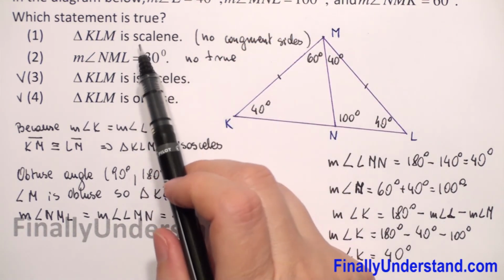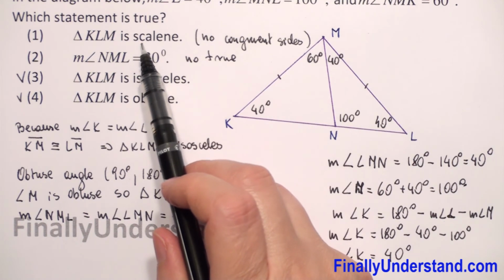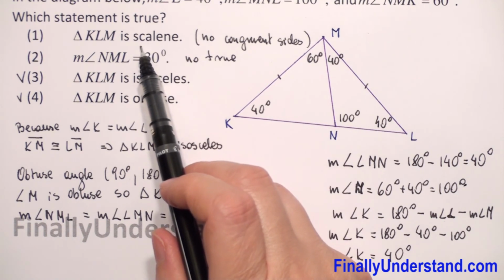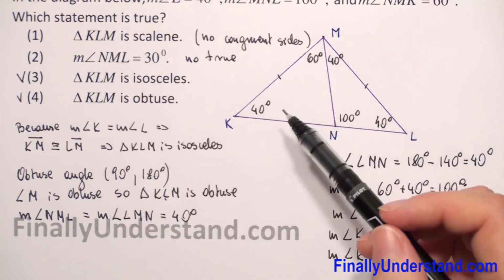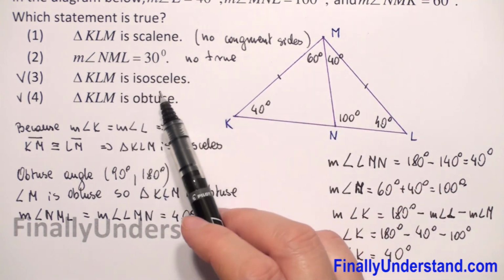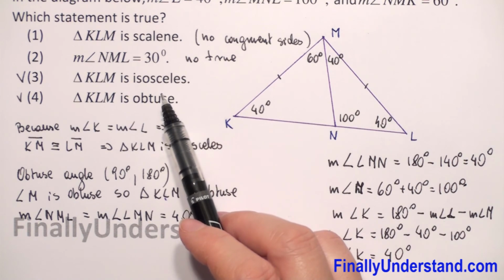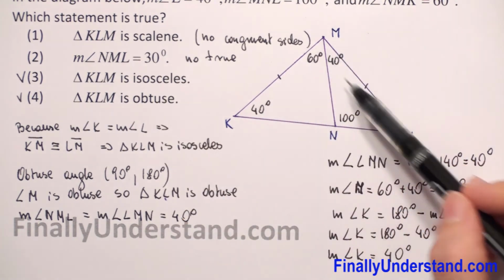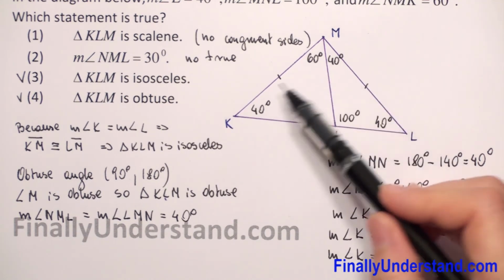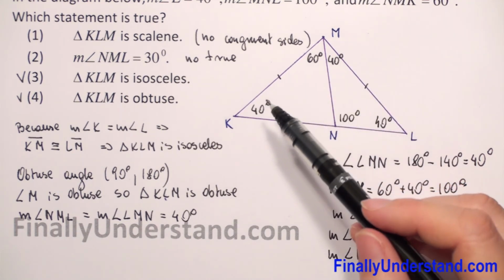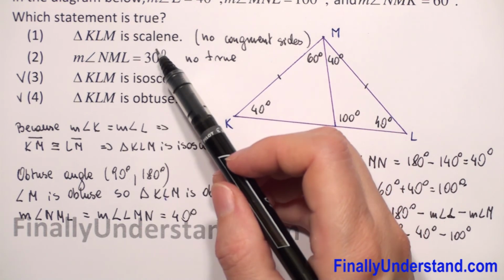And the first statement, non-congruent sides, no. This triangle is, like we said, an isosceles triangle, because triangle KLM has two congruent sides. So this triangle is not scalene.